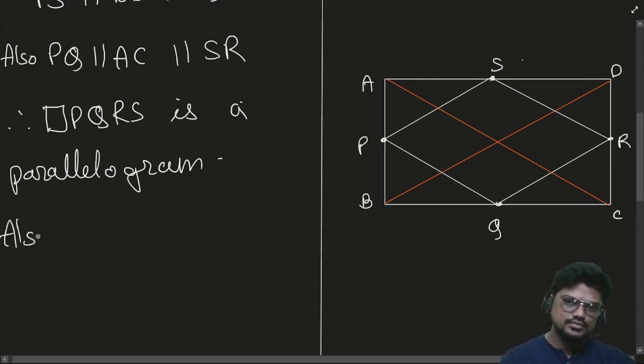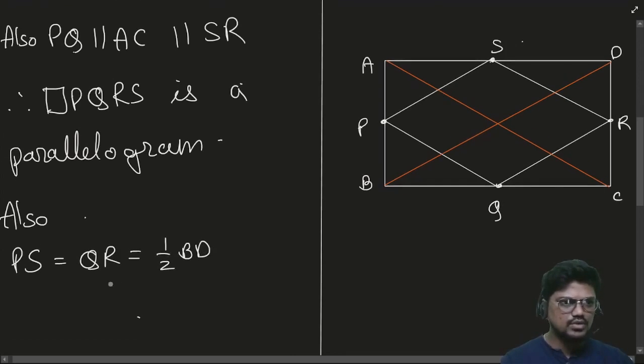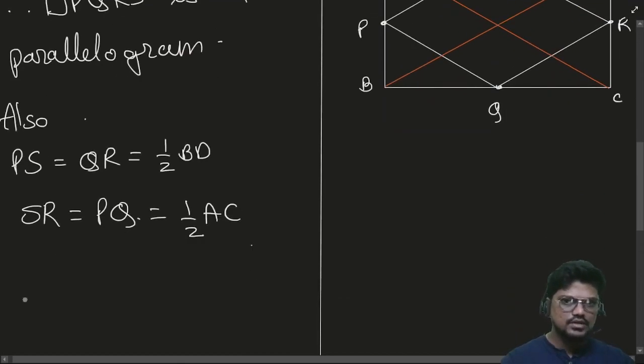PS is equal to QR is equal to half of BD by midpoint theorem only. And SR is equal to PQ is equal to half of AC, right?